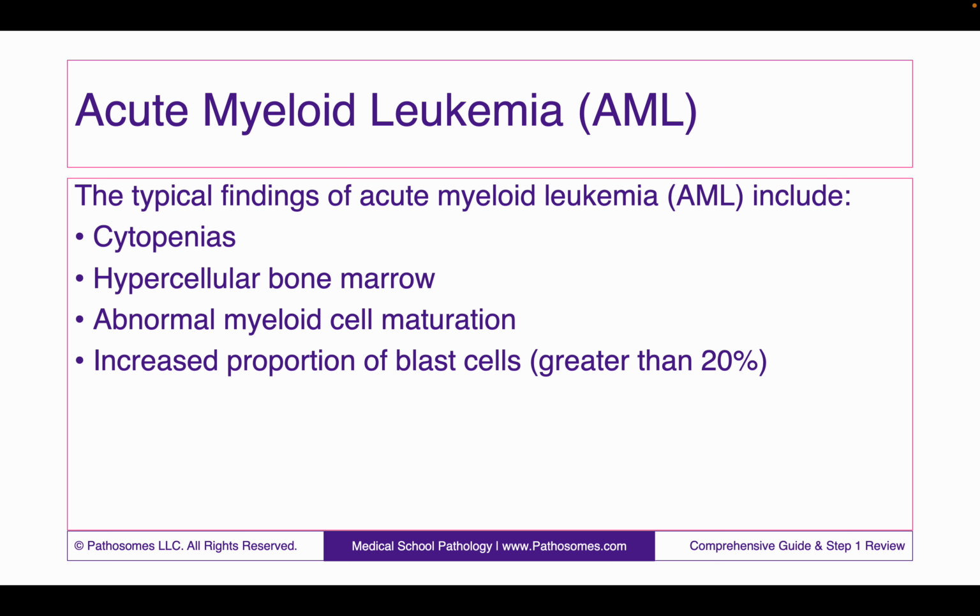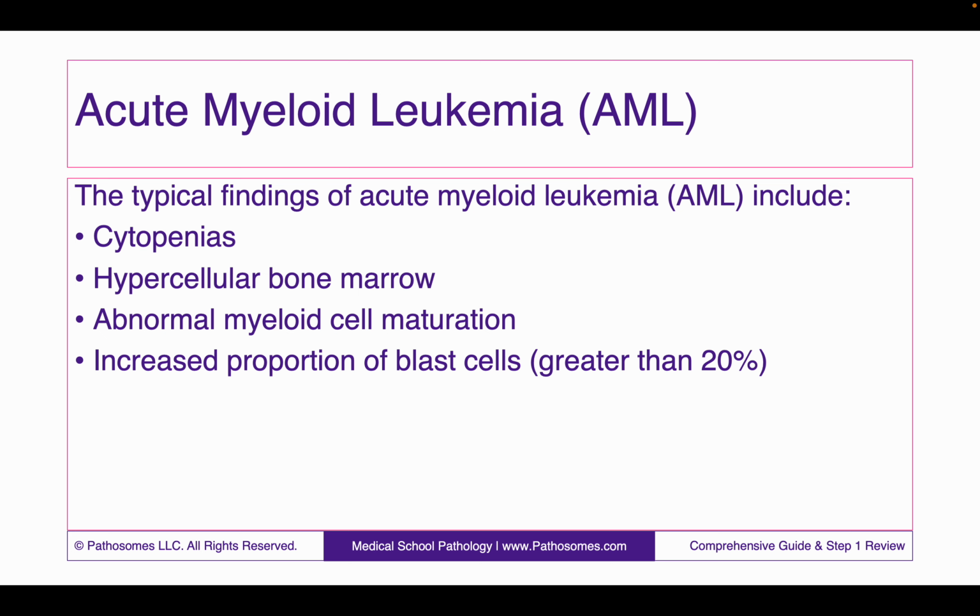Now, the typical findings of acute myeloid leukemia include cytopenias, really low white blood cell, platelet, and RBC counts, and a hypercellular bone marrow, right? Because we know when we have a bone marrow biopsy, the cellularity should be 100 minus the patient's age, plus or minus 10 for the most part.